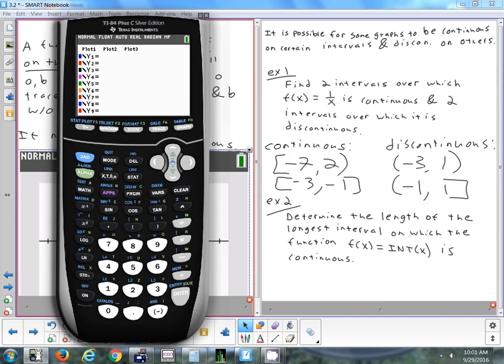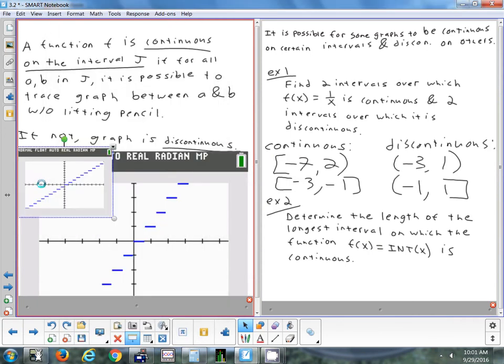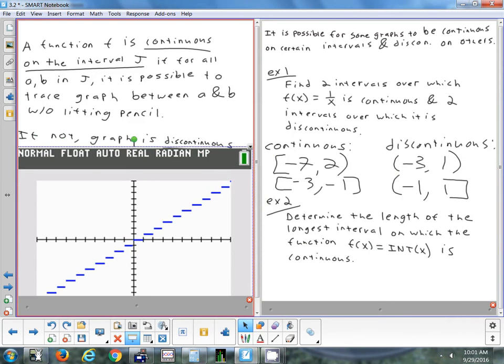Let me graph it not zoomed in, int x. There we go. Okay, what's the longest continuous interval you could find in that function? How many units long? Matt? Probably 1 unit. Yeah, 1 unit.